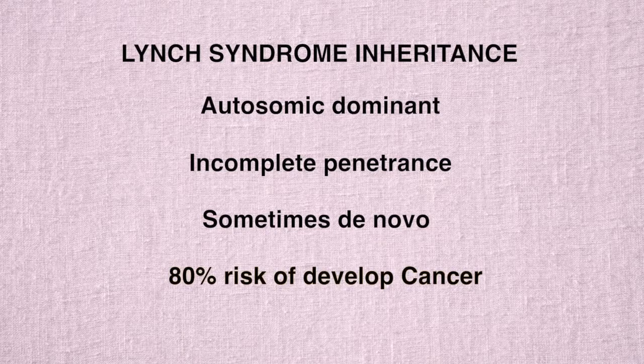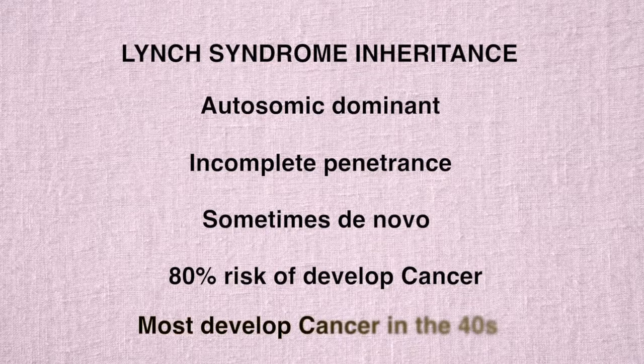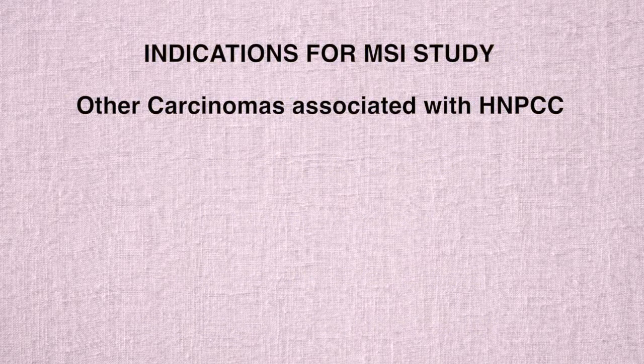The lifetime risk of developing cancer in a patient with Lynch syndrome is 80%, and most patients develop cancer in their 40s. Indication for MSI study, microsatellite instability study. First, colon cancer before 50 years old, then other carcinomas associated with hereditary non-polyposis colon cancer may happen, and they can be synchronous or metachronous, the same thing as consecutive.